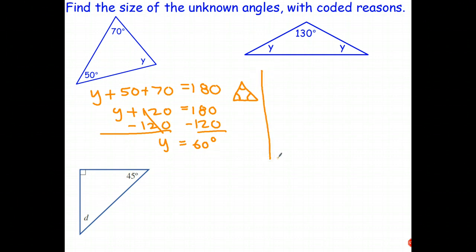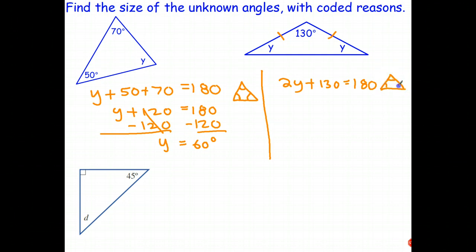Okay, second example. Here I have an isosceles triangle. Because the two base angles are equal, then we know that those two sides must also be equal. And I know that these three angles added together add to 180 degrees. Well, y plus y is 2y plus 130 equals 180. Again, I need to justify that statement.